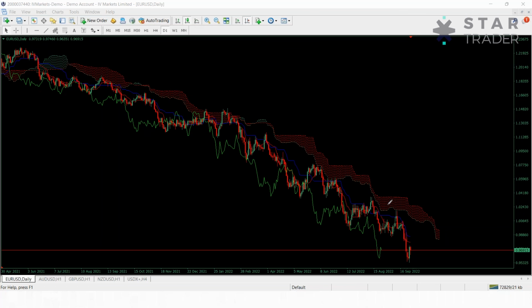Why? Because as you see here, the cloud is above the market, we have already crossed over the moving averages, and your Chikou span is already below the market. But it can happen that the Chikou span will break here and the market will go towards the cloud. So there is always an opportunity in the market, and you have to wait for the proper entries, right?